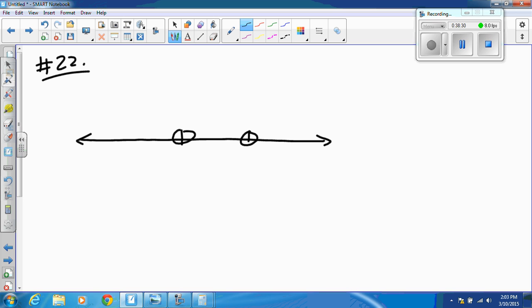Do I know which one is to the left or to the right? No. So what do I do? Panic. Yep. Oh, pick one. Oh, good. Okay. For a second there, I thought I couldn't do the problem.